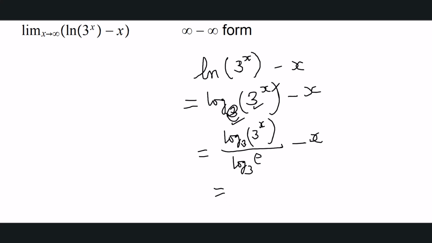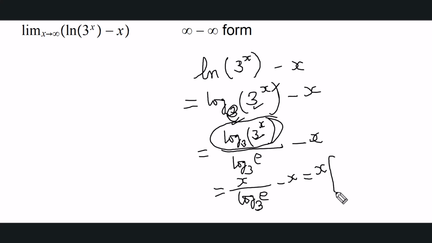So log of 3 to the x with base 3 is simply how much? x. So this becomes x over the logarithm of e with base 3, minus x. Taking x as common, with common denominator log of e with base 3, this becomes 1 minus log of e with base 3.